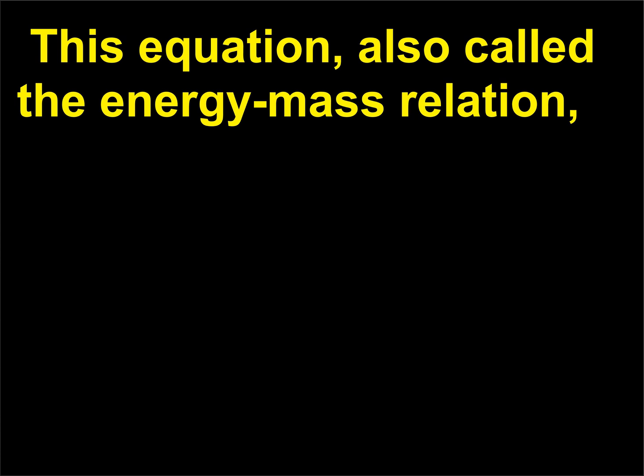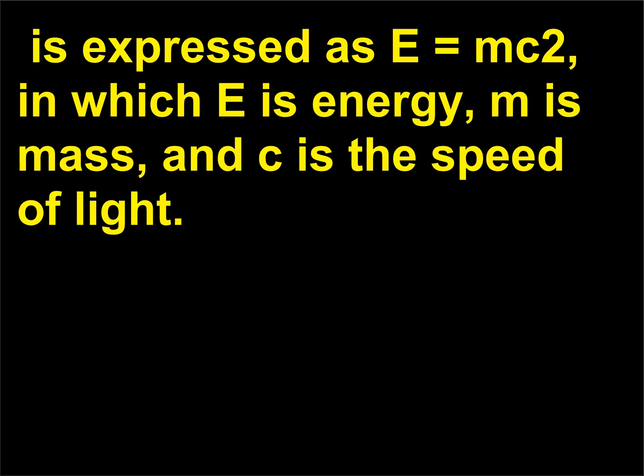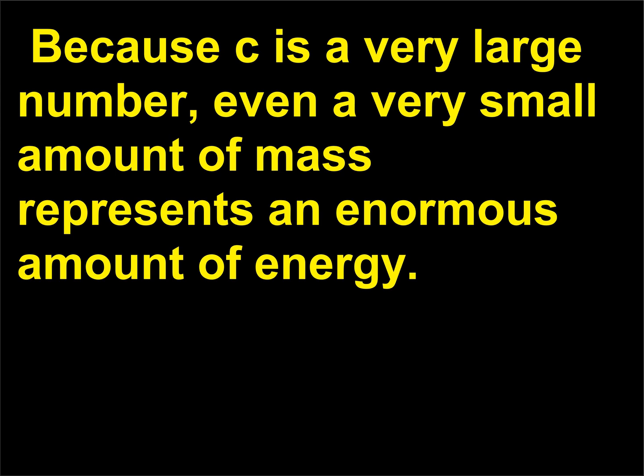This equation, also called the energy-mass relation, is expressed as E equals mc², in which E is energy, m is mass, and c is the speed of light. Because c is a very large number, even a very small amount of mass represents an enormous amount of energy.